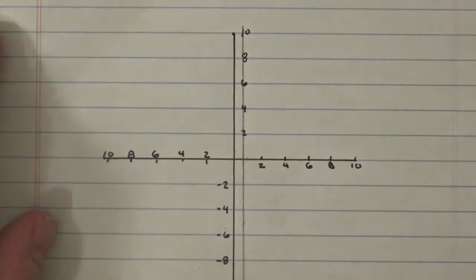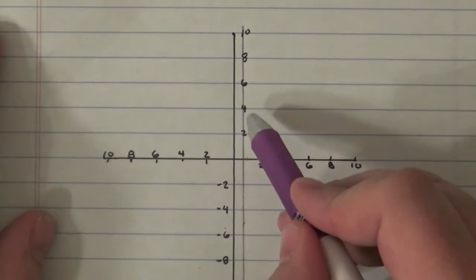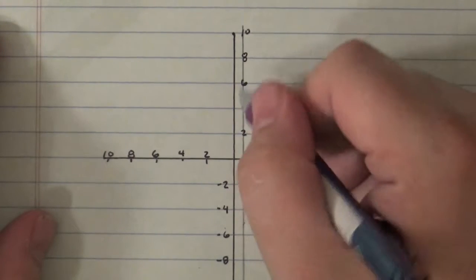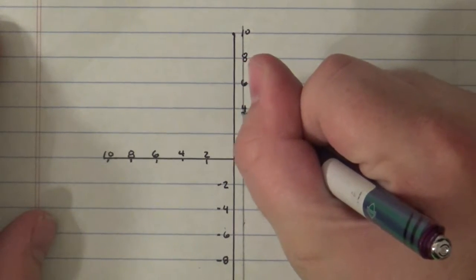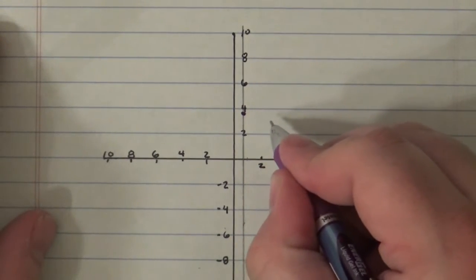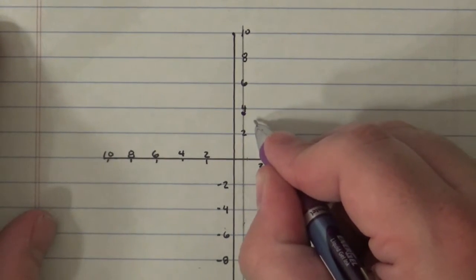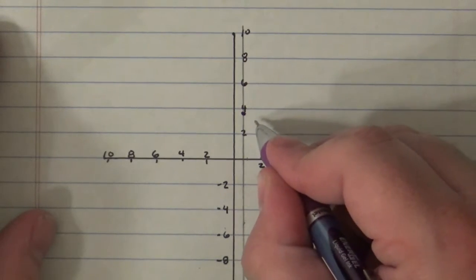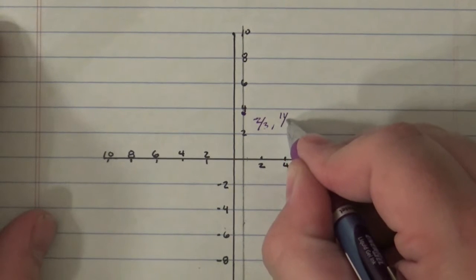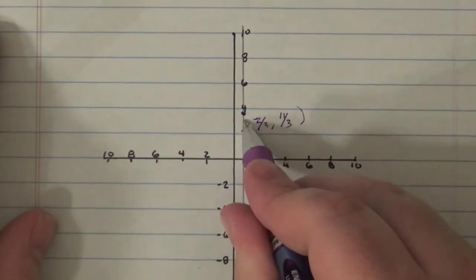All right, so we need to find that. Here's 3 right here, and so I would say that 3.666 or 11/3 is right there. So I'm going to plot that point, and we're just going to write that down as our vertex, so we don't get confused on what things are. There's my vertex point right there.